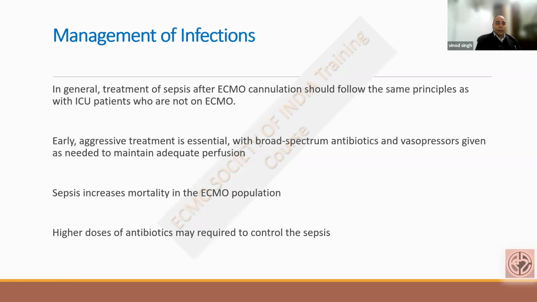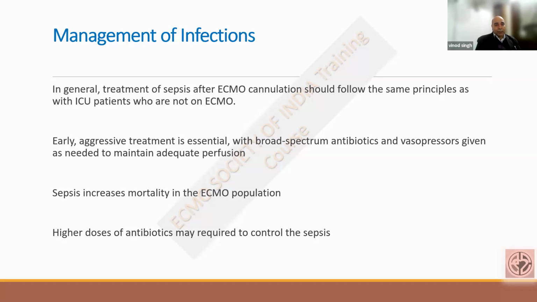Because of the critical illness, they are at very high risk of hospital-acquired infections, and mostly they are gram-negative organisms. And as you know, the organisms are both ICU colonizers and ICU infections. Now, the management of infection is not different from the ICU. The only thing is that if you find that the patient has got a bloodstream infection, you are not changing the cannula. You are not even changing the central line, because of high risk of bleeding.